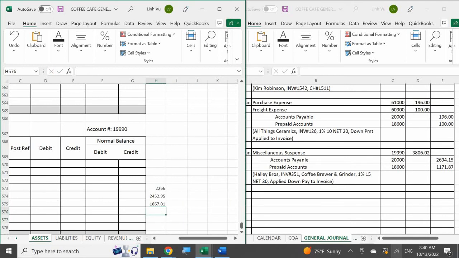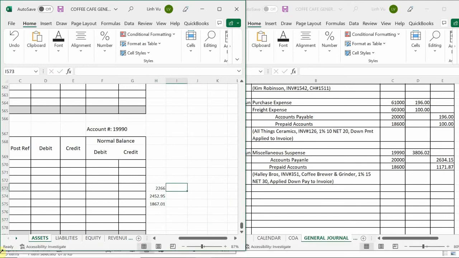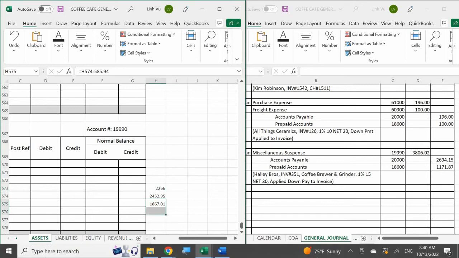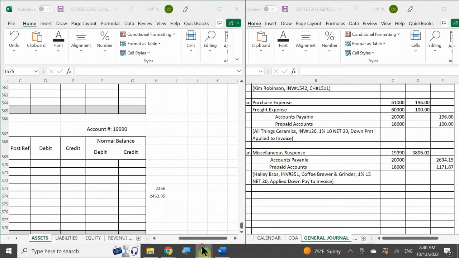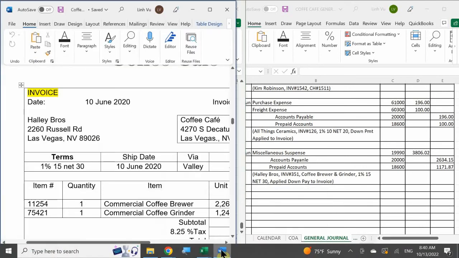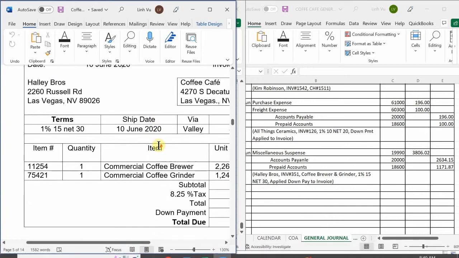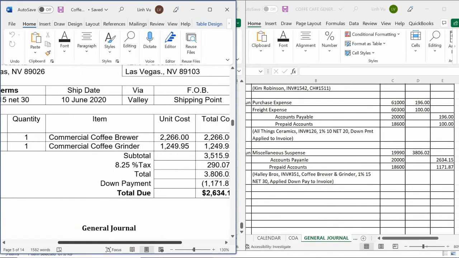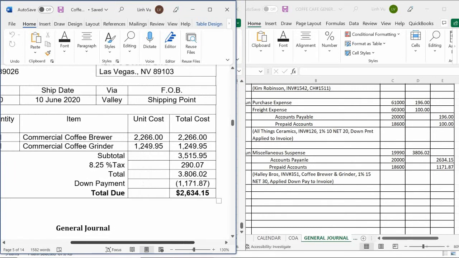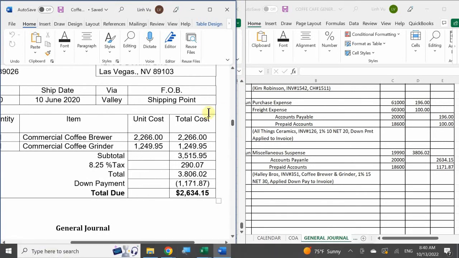Okay? So in this case, we got the coffee brewer. My coffee brewer is $2,266 and my coffee grinder is $1,249.95. Okay?